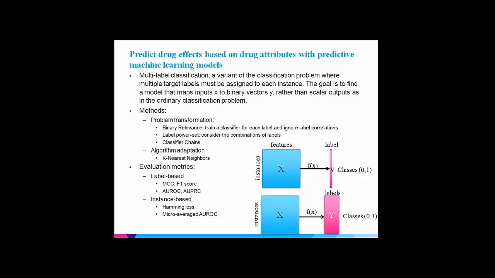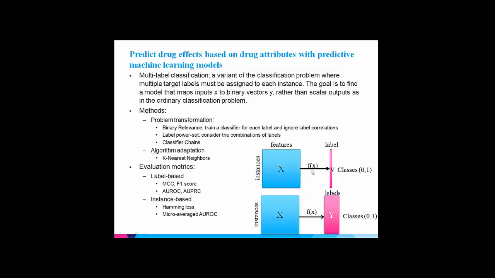Multi-label classification is a variant of single-label classification. In single-label classification, the goal is to learn a function f from the matrix of features, where the rows are instances.